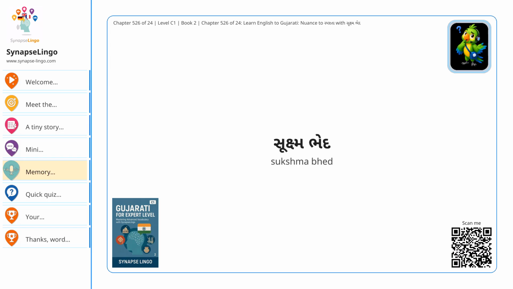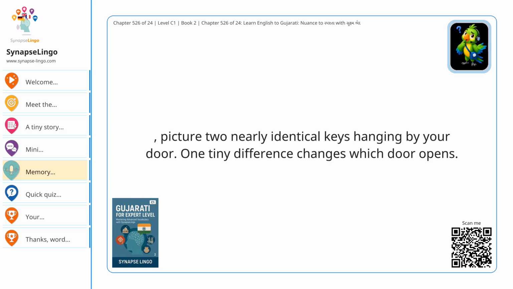सूक्ष्म भेद: picture 2 nearly identical keys hanging by your door.